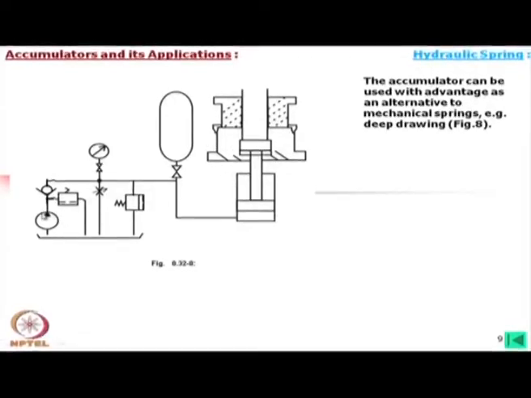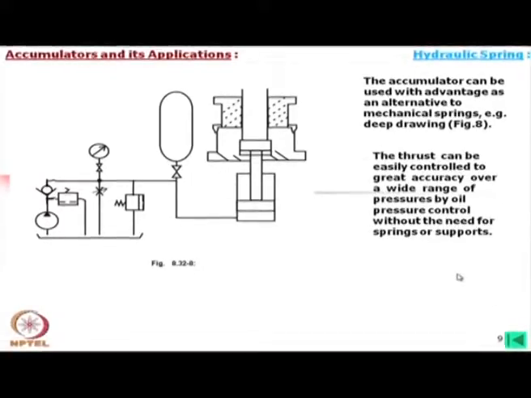In that case, if you look into these operations, there is an accumulator fitted over this system, and in that case this acts as a hydraulic spring. Probably this is, say, a hammering machine or forging machine. In that case, we can use such a hydraulic spring instead of a mechanical spring.